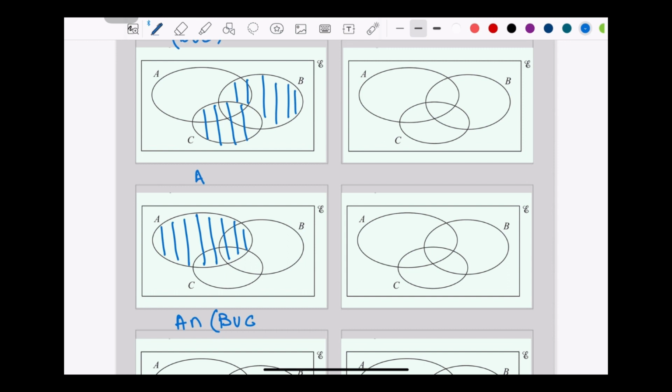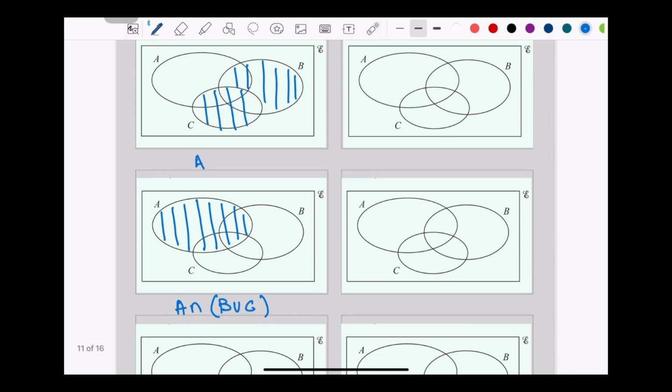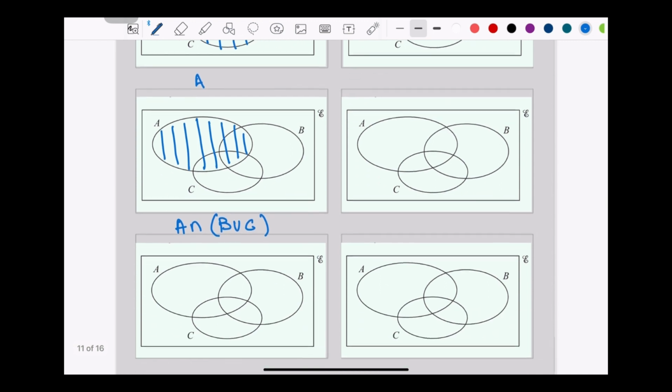Now, which one is the overlapping? Which one is common in both the diagrams? It's going to be this much only.